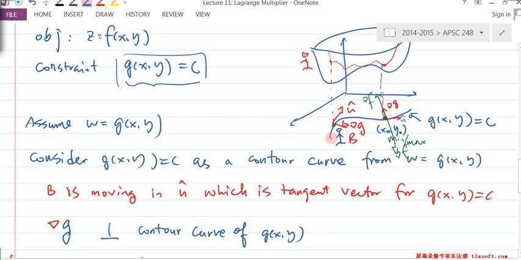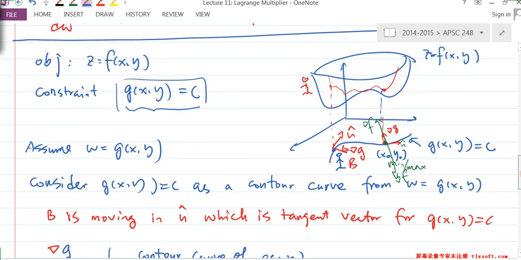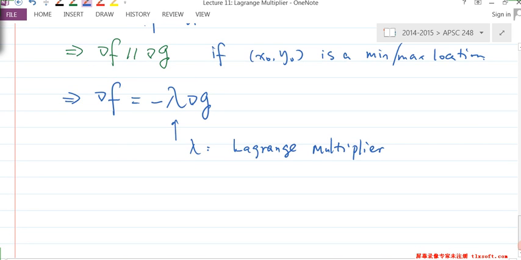Now, remember I said this is a contour curve. This is a contour curve. And maybe I should draw a better one here.